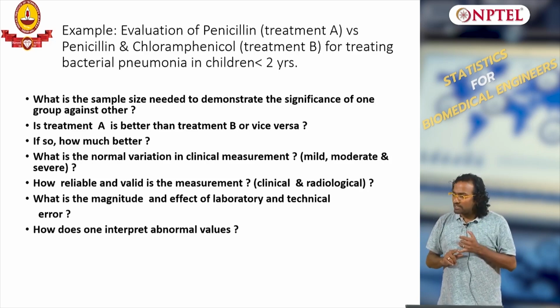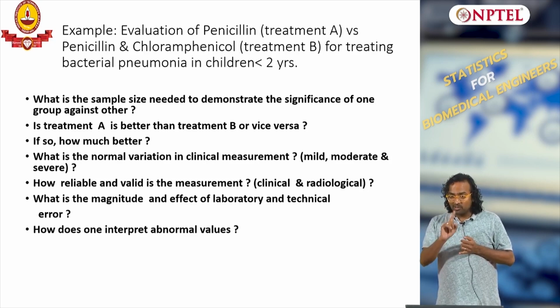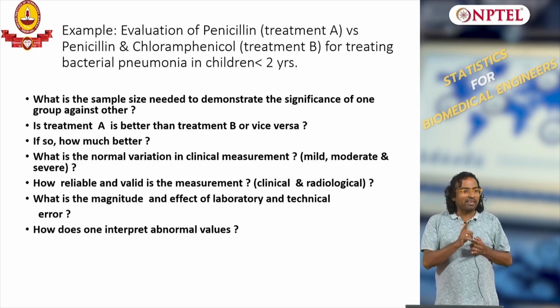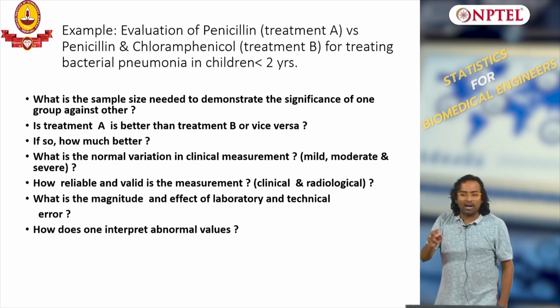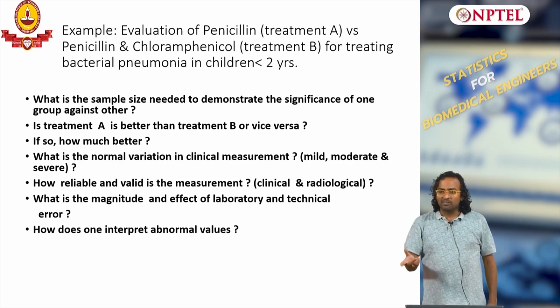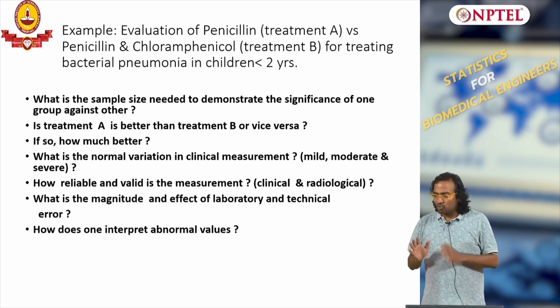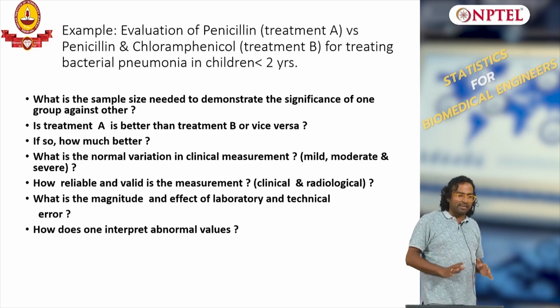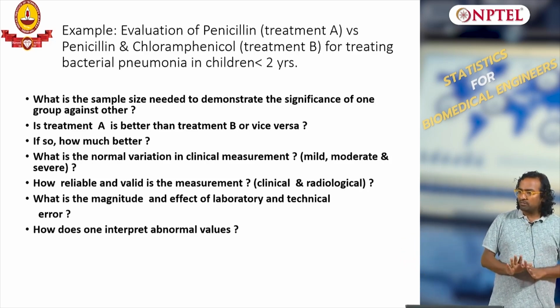So my population is clear. What is my population? Less than 2 years with bacterial pneumonia. Make it very clear. You do not administer this drug for normal kids, you administer it for kids with pneumonia, so my target population is very clear.